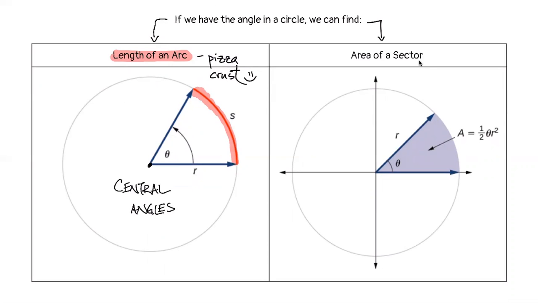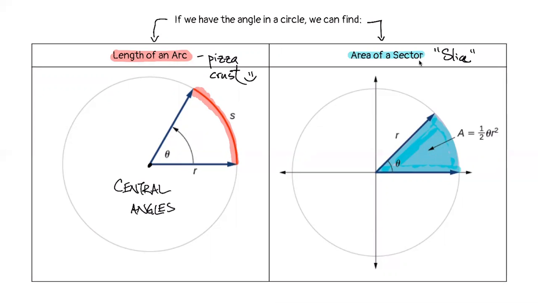This area of the sector is really saying, what's the area of this slice? So when they say area of a sector, they really also mean the area of a slice of pizza, okay?